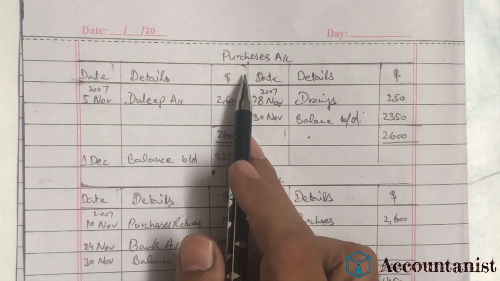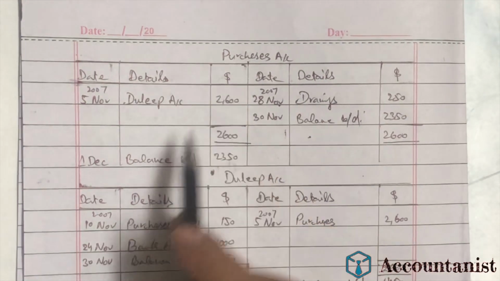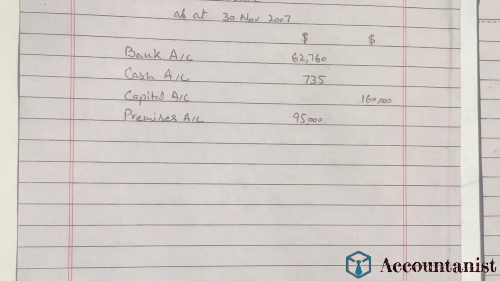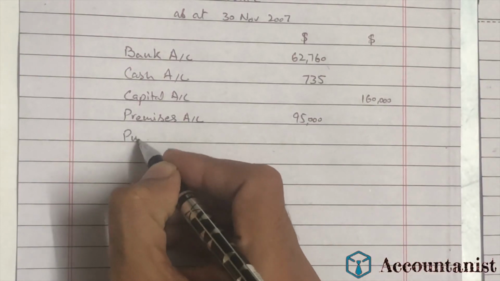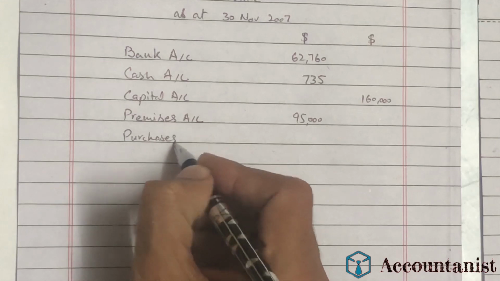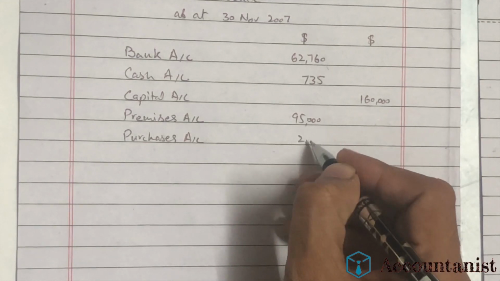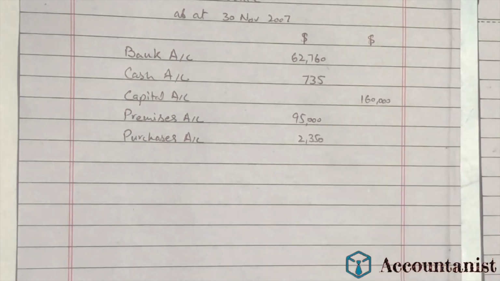Purchases account has a debit balance of 2,350. So I'll write down here purchases account, and it has a debit balance of $2,350.